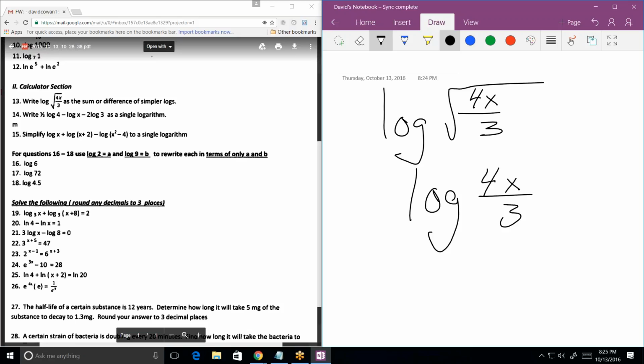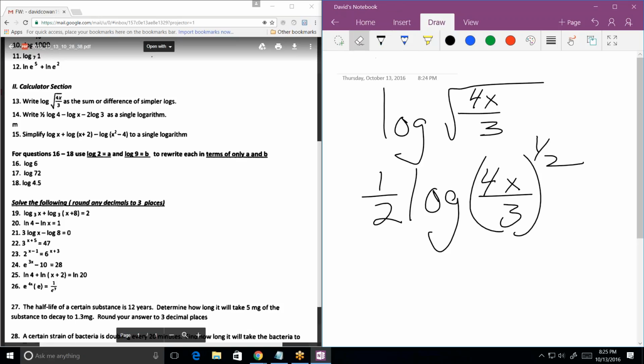No, it's like that. That's the same thing. Can't we put 1/2 in front of the log too, though? Yeah, I'm sorry. You were 2 steps ahead of me. This is the first step, to rewrite it exponentially. Now you can bring the exponent down so that it's 1/2, and I get rid of the half here.